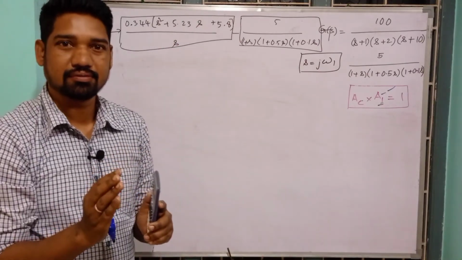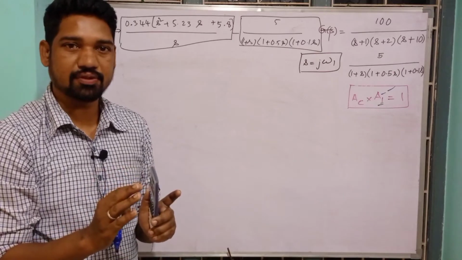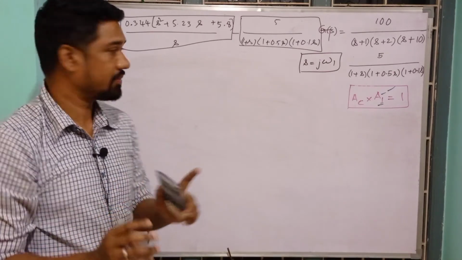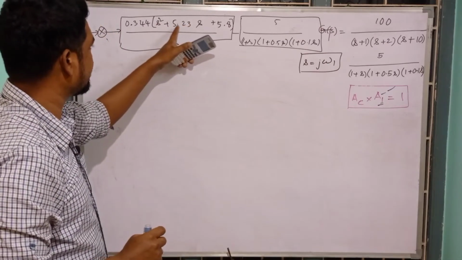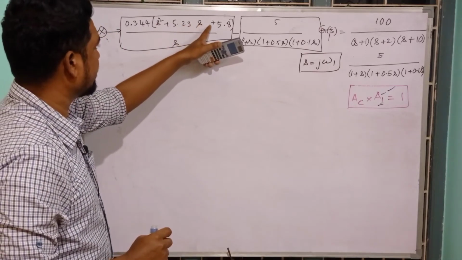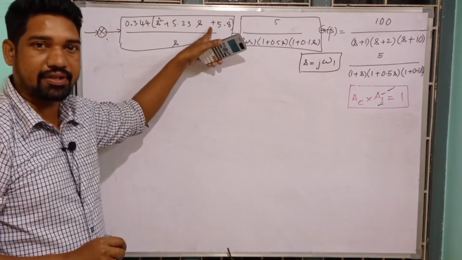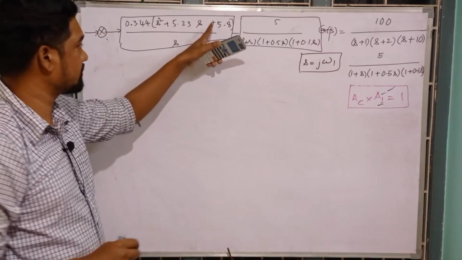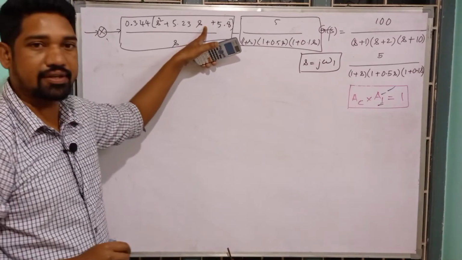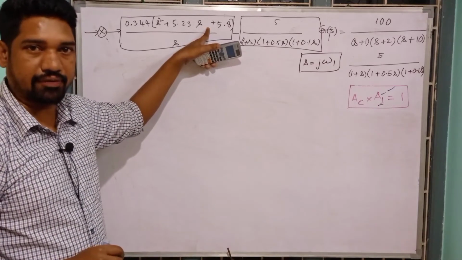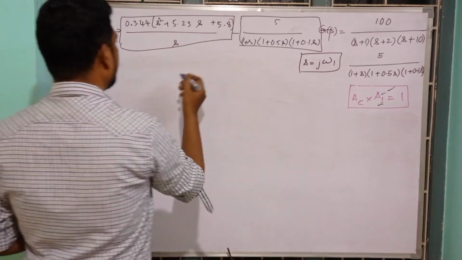Going back to the basics of the Bode plot, I cannot explain it now, but this is a second order system, and for the second order system we have to evaluate the value of the corner frequency, omega n.